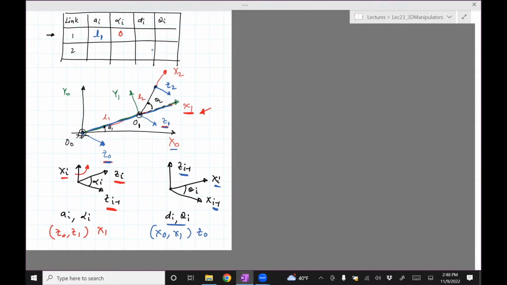So x0 is here, x1 is here, and we need to find the angle about z0, about the axis like this. The angle between x0 and x1 about this axis is theta1.